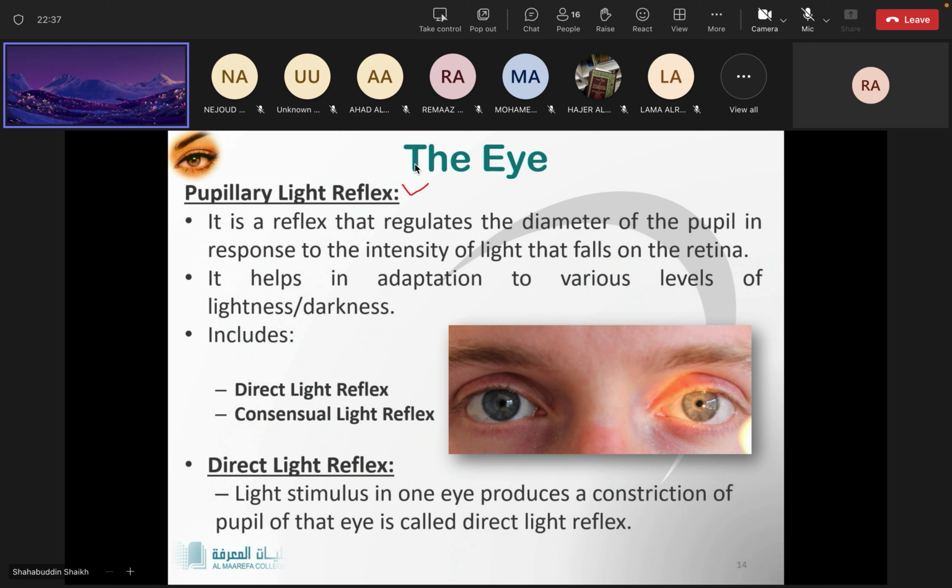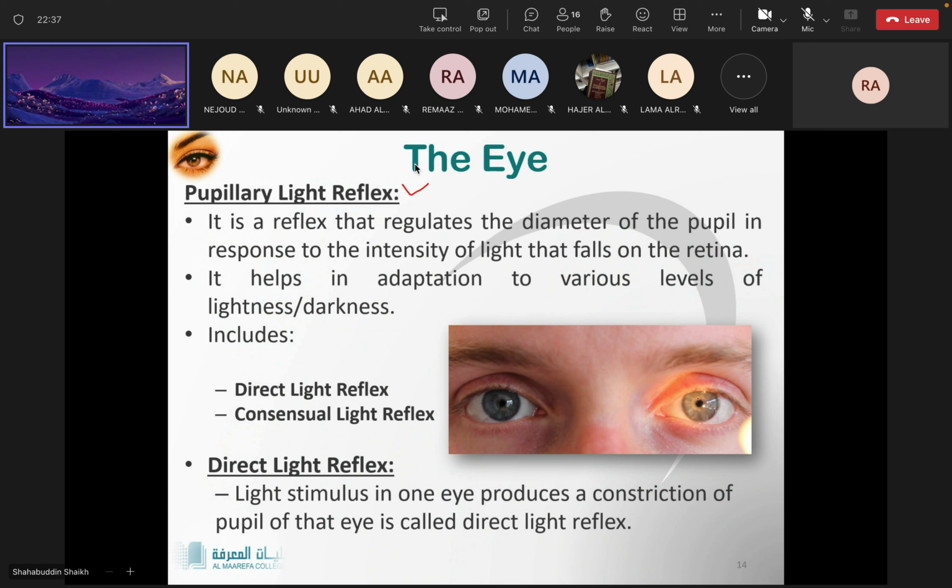Now we come to the function of the lens. Please remember this. This is always asked in exams. The lens is generally transparent and biconvex. It is suspended by the suspensory ligament, which is connected to the ciliary body muscle.